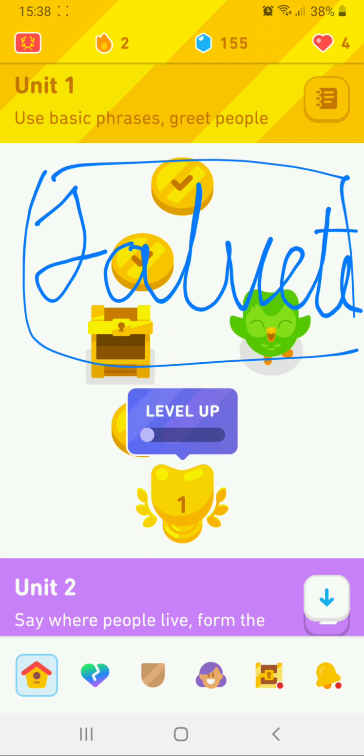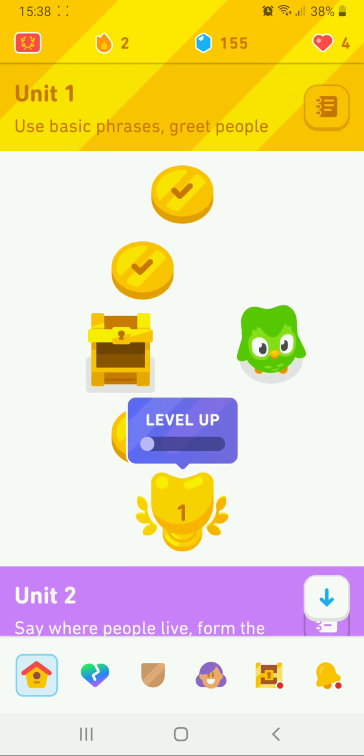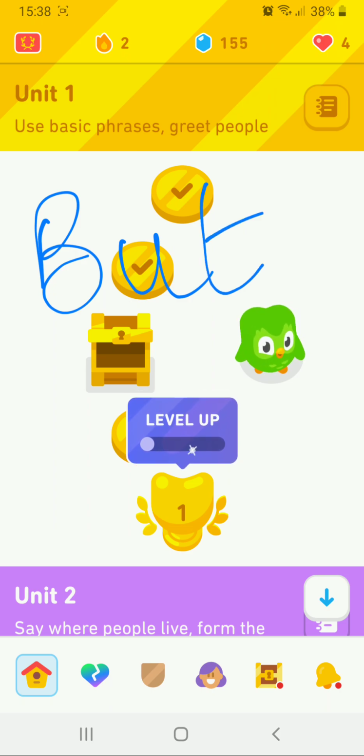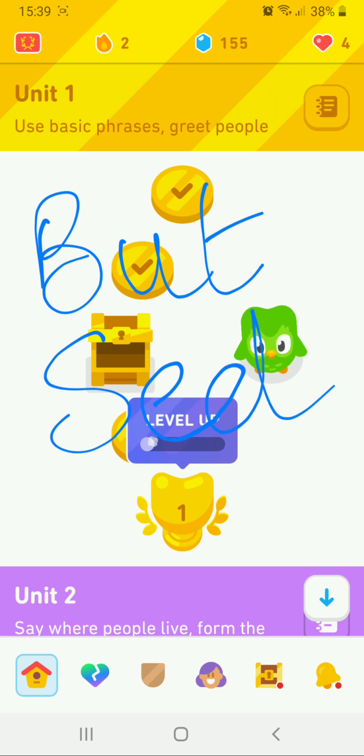Okay. And what else? We know some conjunctions. For example, we've got but. But is sed.